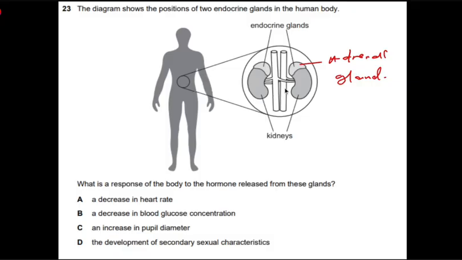Under sympathetic stimulation, these two adrenal glands, which are located on the superior part of each kidney, are going to be stimulated, and they are going to release what we call adrenaline, which is a hormone also called epinephrine.